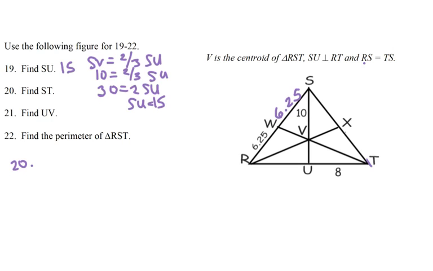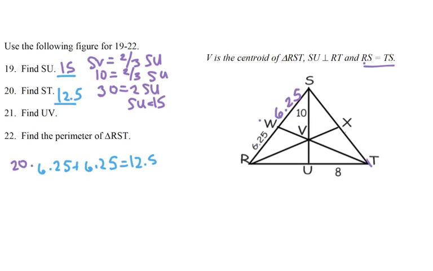Because of the centroid, it is a median, which means that these two segments are congruent. So once I find RS, it's going to be the same as ST because it says it right there. So for number 20, I take 6.25 and add it to 6.25, and I get 12.5. That would be my answer for 20.